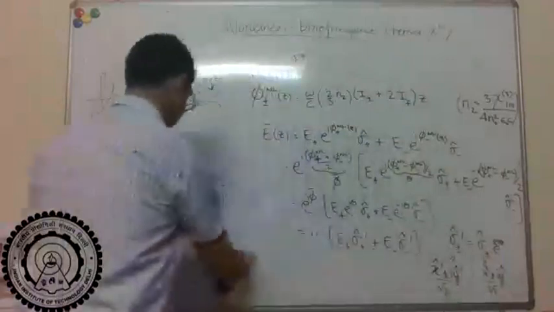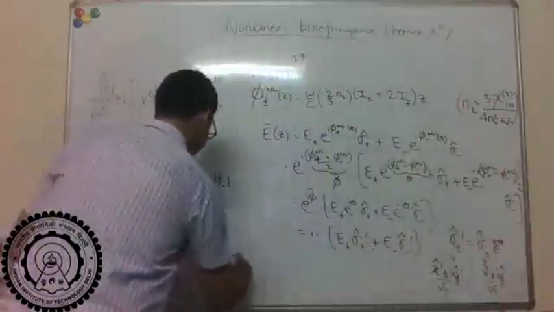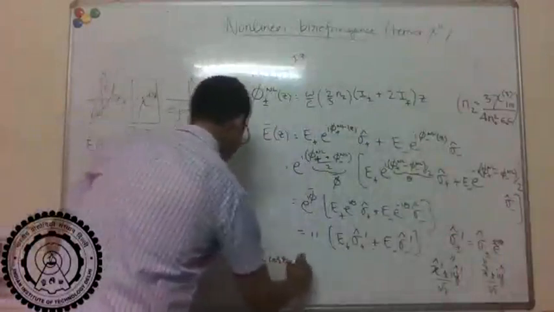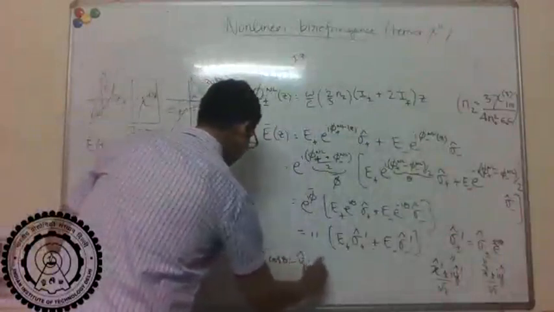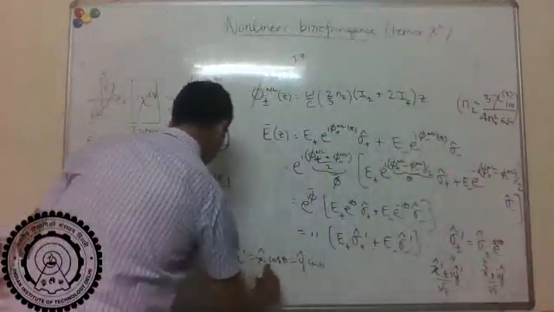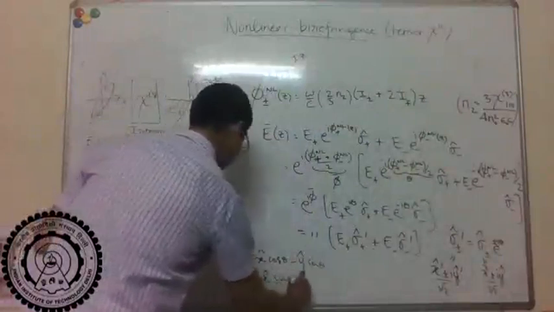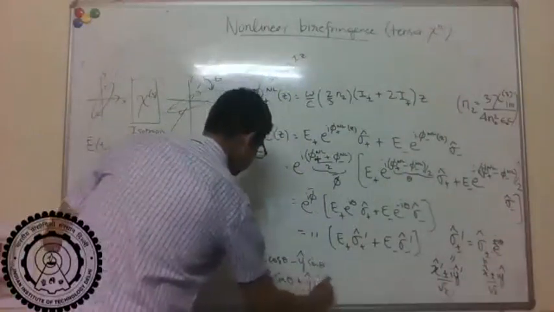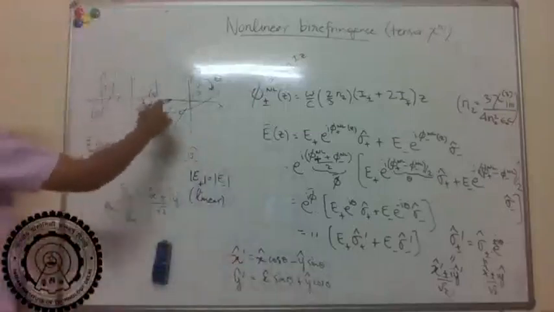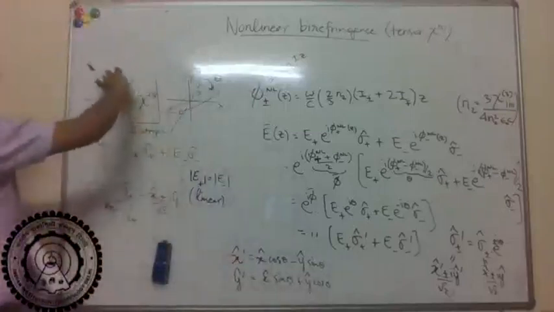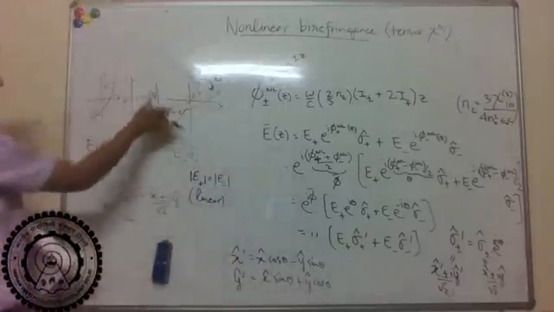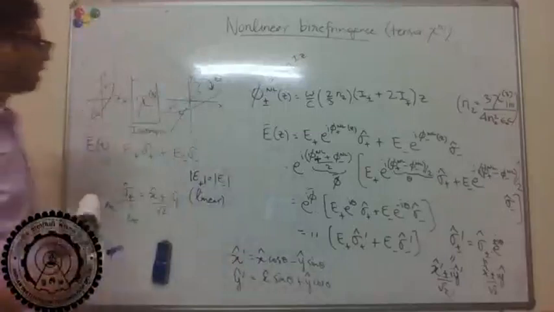So x prime is x cosine theta minus y sine theta, and y prime is x sine theta plus y cos theta. So basically, what you're doing is rotating the coordinate axes by theta, or equivalently for the same coordinate axis, rotating the ellipse by theta.